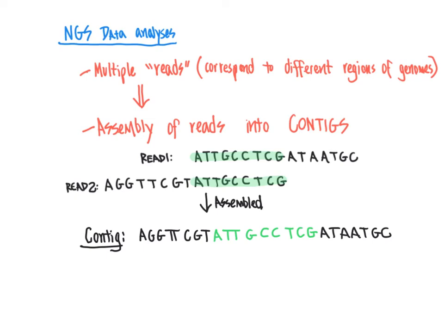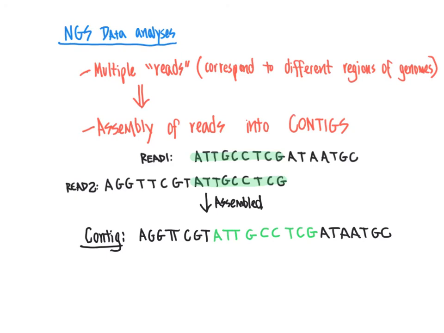We generate this contig. And then ideally, some other read would link on to this end of our contig and to this end of our contig as well to extend that out even further until ideally, in the perfect scenario, ultimately we would assemble a contig that corresponded to the entire chromosome of the organism.